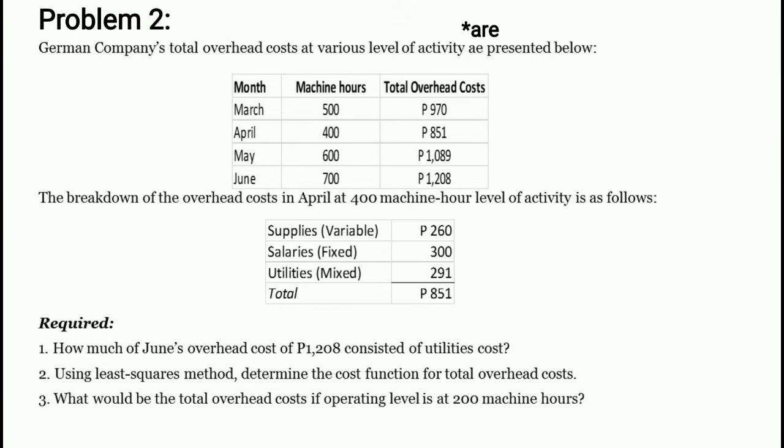Requirement number 2, using least squares method, determine the cost function for total overhead costs. And requirement number 3, what would be the total overhead costs if operating level is at 200 machine hours?